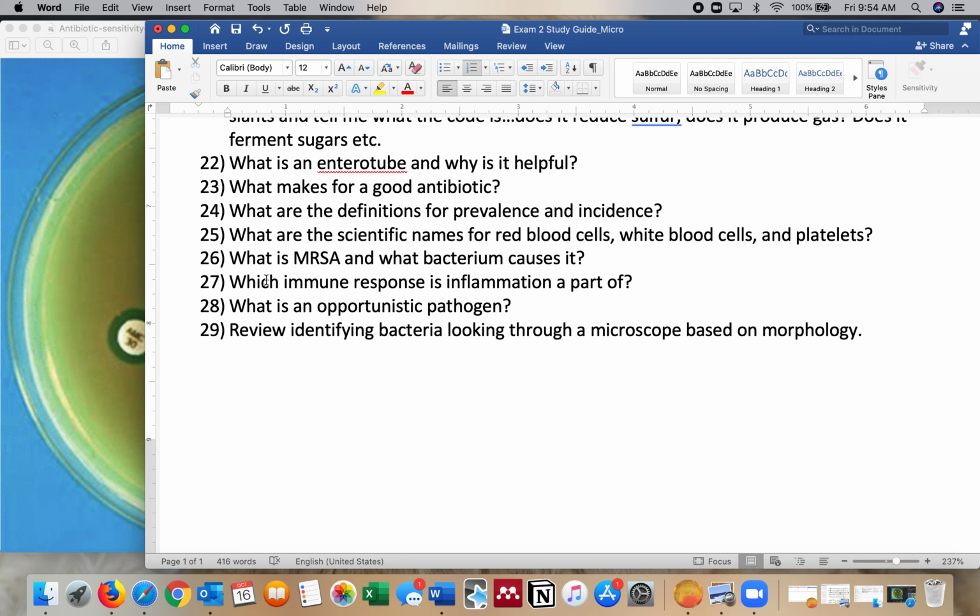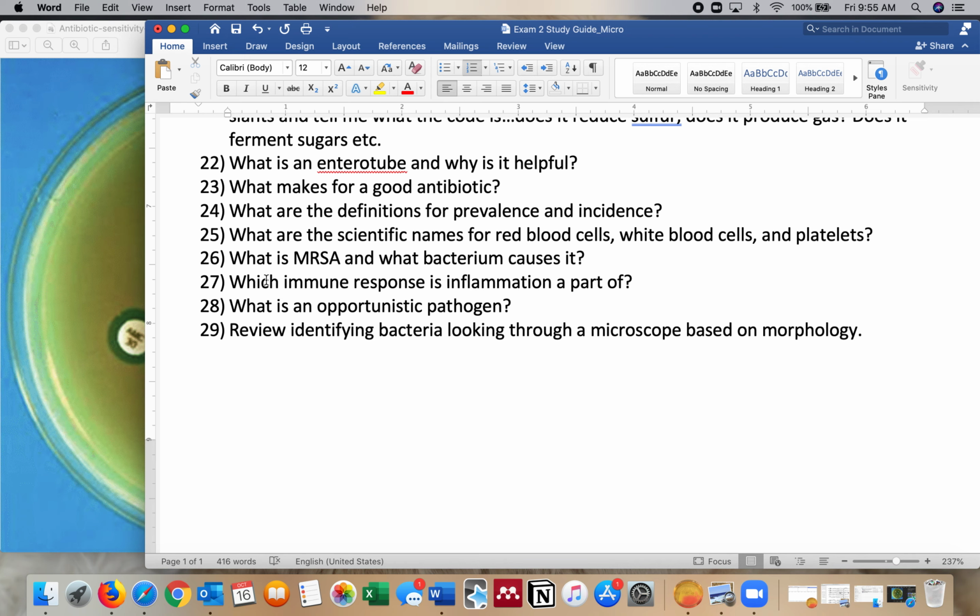If some pathogen comes into your body, then your innate immune response will say, we don't care who you are, we're attacking you right now. So it's not specific, and therefore it's very quick. It's like the first response. Okay. The adaptive immune response is a little slower because it's very specific.